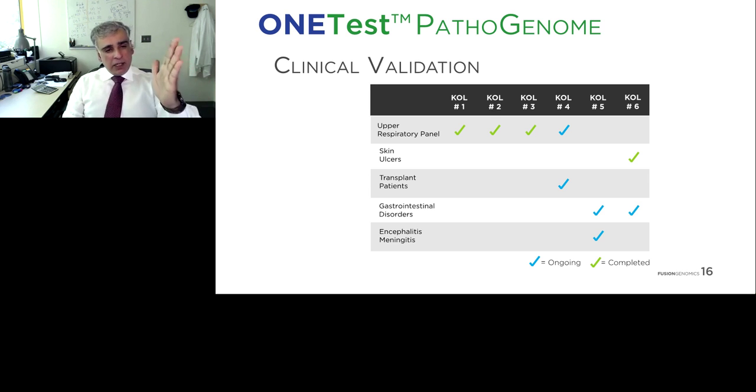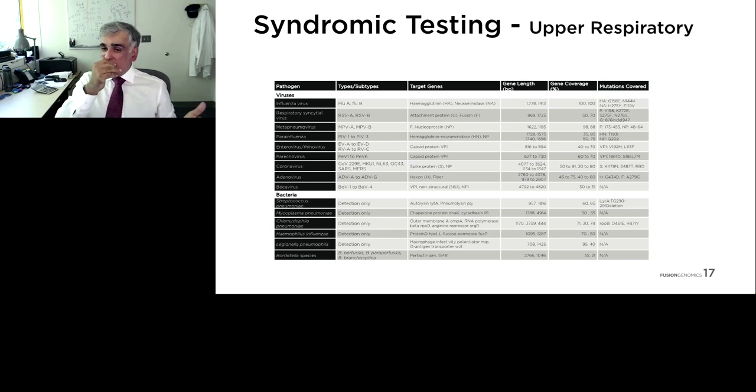Then you can also see on the screen all the types and the subtypes which are being targeted. And we are targeting not a single gene or a single region. We target, in most cases, multiple regions on the genome. And that is determined in exclusivity by what is already known about the regions, one, and two, how much clinically important information is available in those regions.